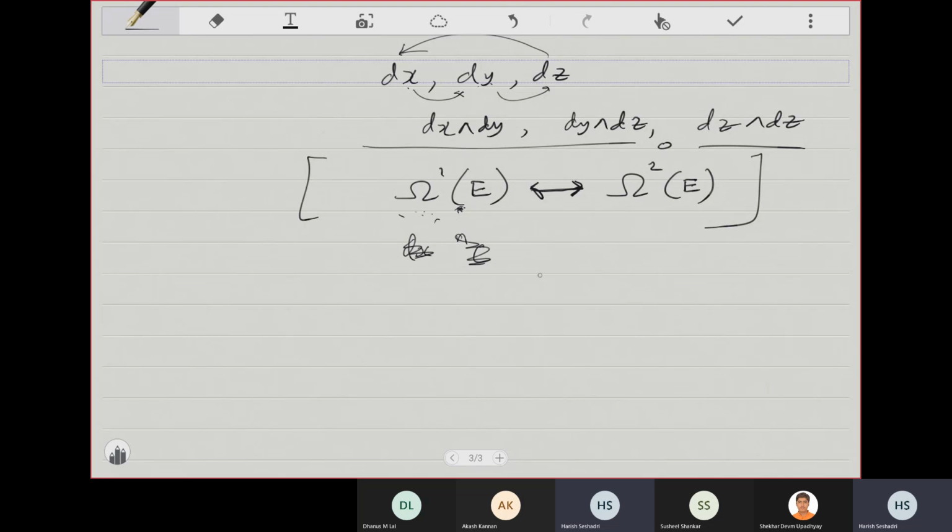Anyway, more generally, for any n, there will be a bijection between these two things. There's some hidden map which is very important, but which I won't have time to go into, which will take this bijectively to this.